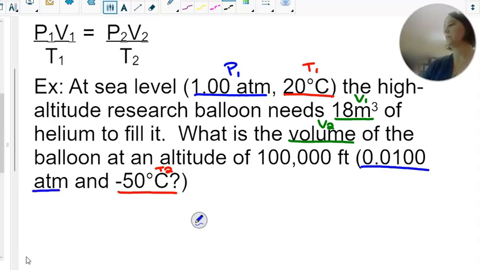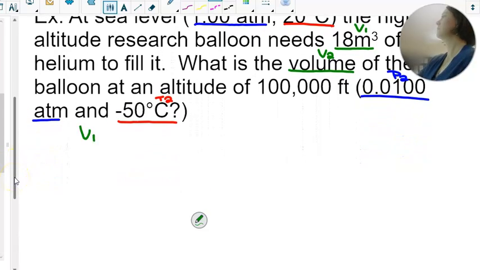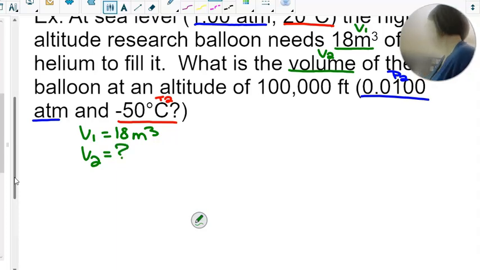That will be my P2. All right, so I have my V1 equals 18 cubic meters. My V2 is my question mark.